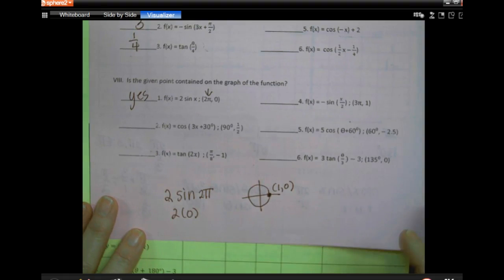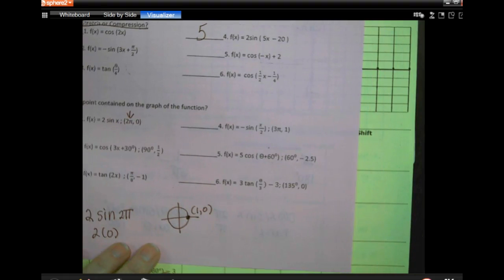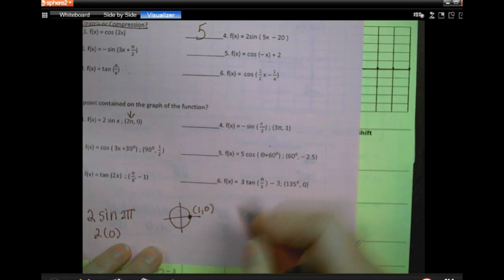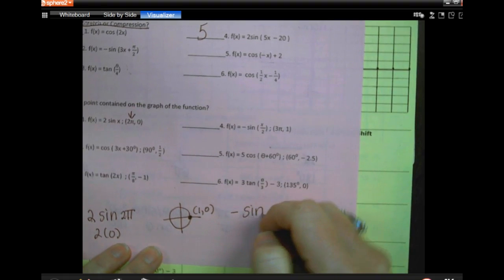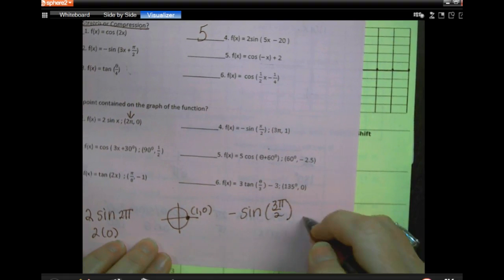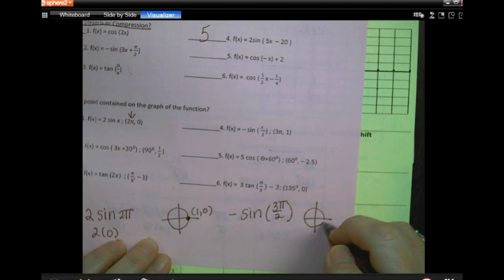I'll do number 4. So this is minus sine of 3 pi over 2. So again, the sine is which value? X or y?